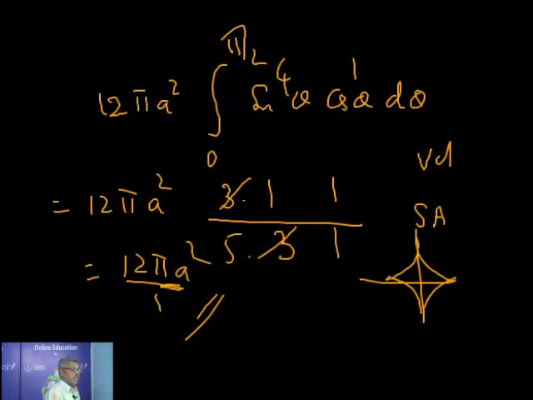It's a very interesting, important problem because it involves so many concepts. One, a reduction formula involving sin and cos; another, the property of 0 to 2 pi being two times 0 to pi by 2; another, symmetry about the x-axis and the y-axis.